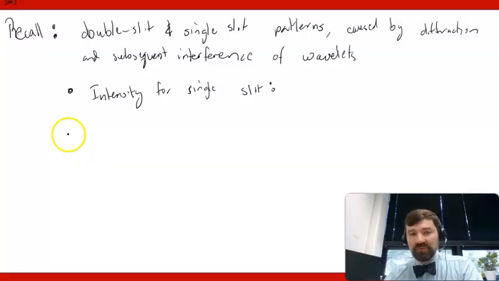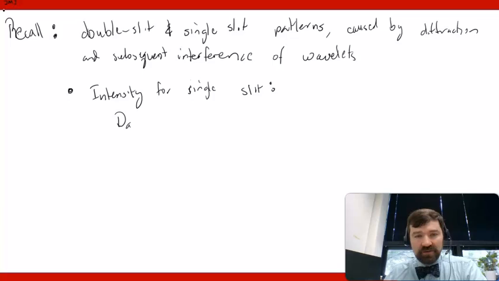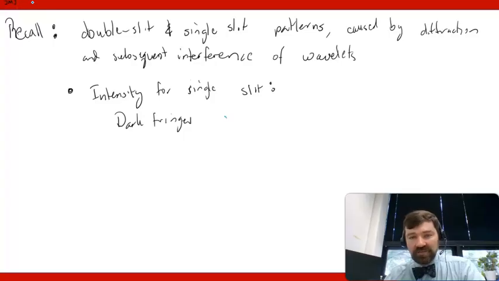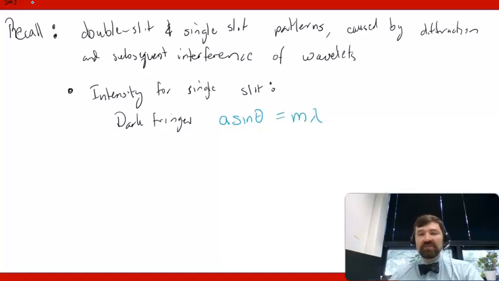Of specific importance for the intensity is the intensity for a single slit. We had the location of the dark fringes. So you had dark fringes at locations such that basically the slit width a times the sine of the angle was equal to the order m times lambda.